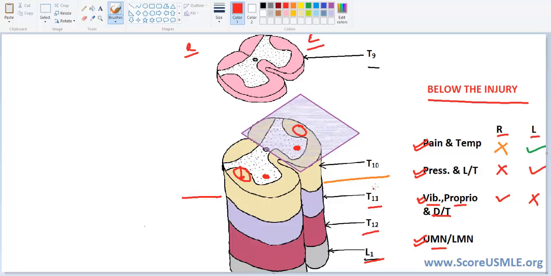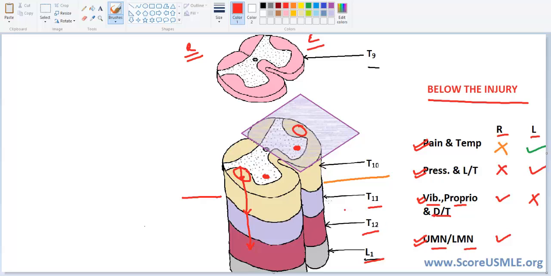Now, the segments of the right hand side below the level of injury are easily receiving those corticospinal tracts. They continue to descend without any issue. So the upper motor neuron and the lower motor neuron are both fine on the right side. But what about on the left side? We did establish that the lower motor neuron is not at any risk in the lower segments on the left side as well.